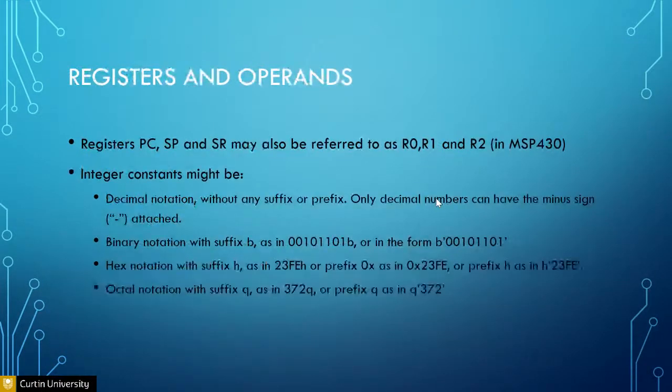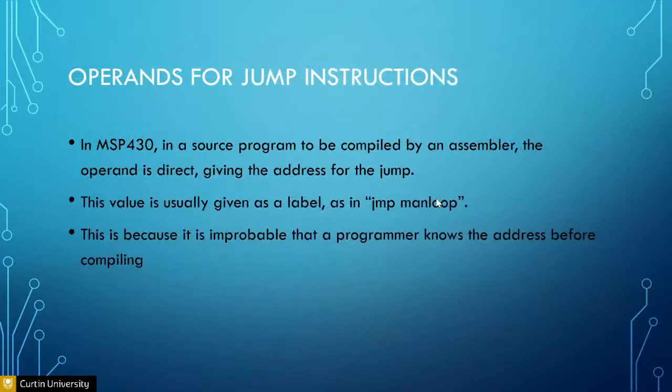Now this one, make sure you guys know about this. move.b R5 R6 means that only the lower byte in R6 is being replaced by whatever is in R5. The higher byte is not affected. Again, I repeat, move.b R5 R6, the higher byte is not affected, only the lower byte.